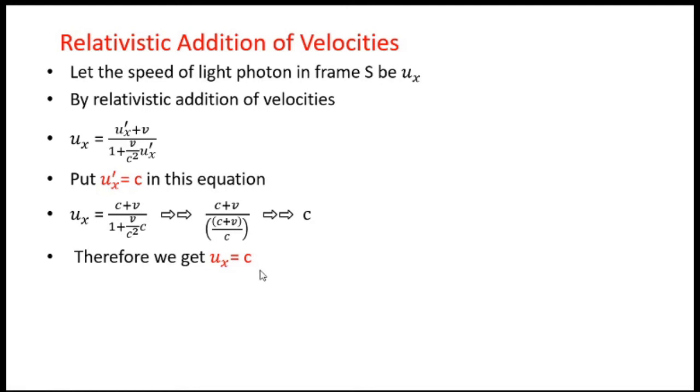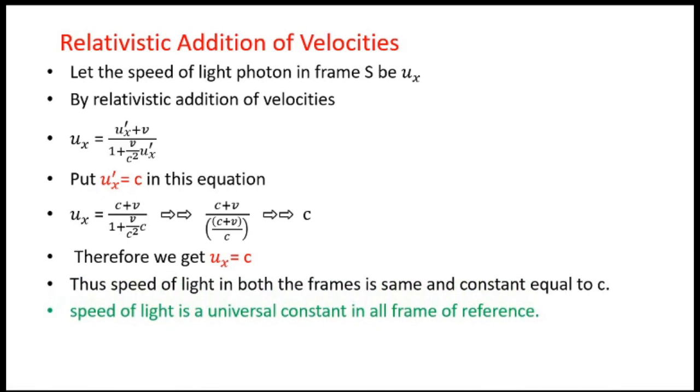Now ux dash, the x component of velocity in frame s dash, is equal to c, and we have also obtained that the x component of velocity in frame s, that is ux, is equal to c. So what can we conclude from this? That the speed of light in both the frames of reference s and s dash is the same.